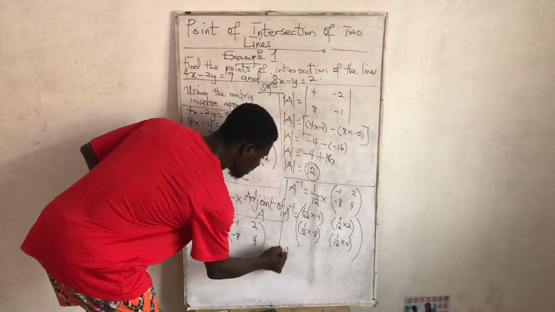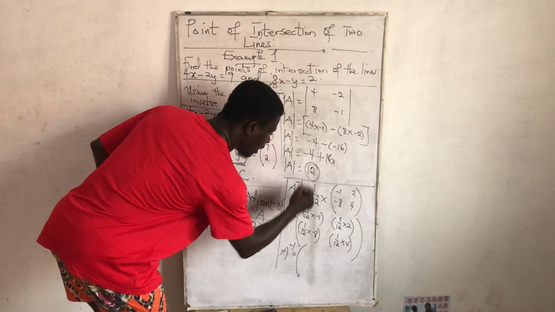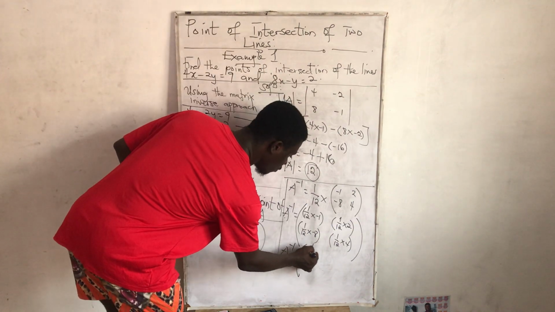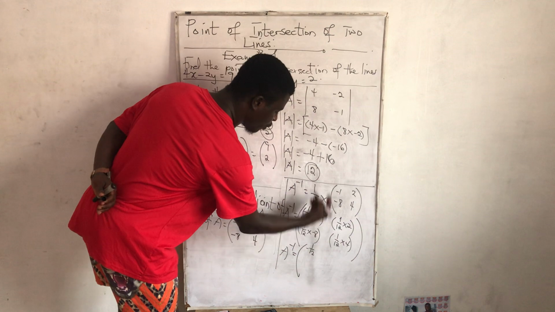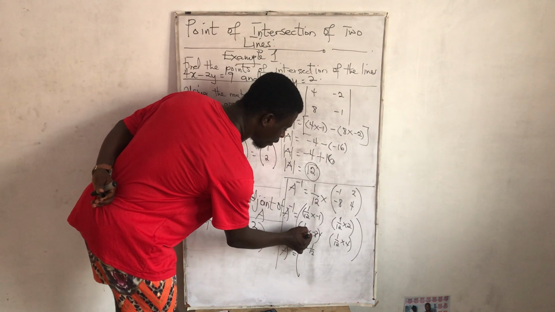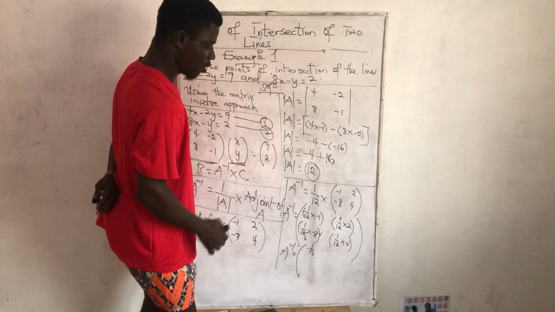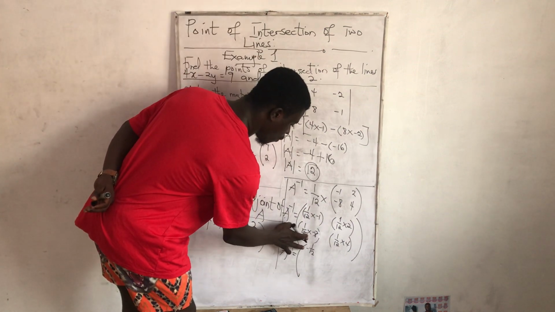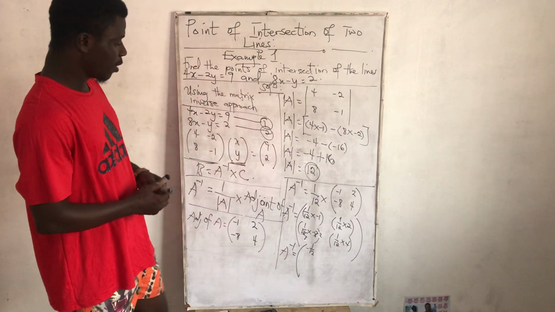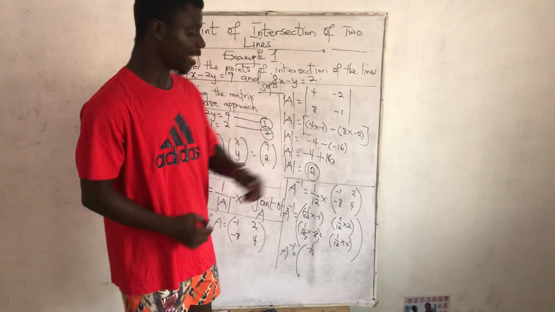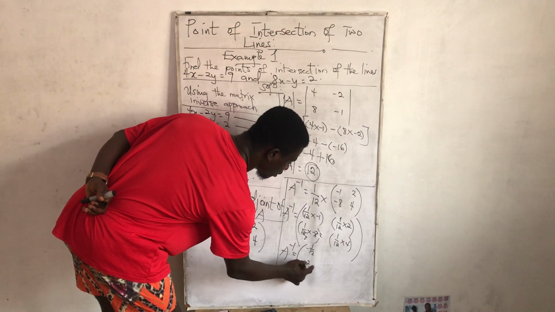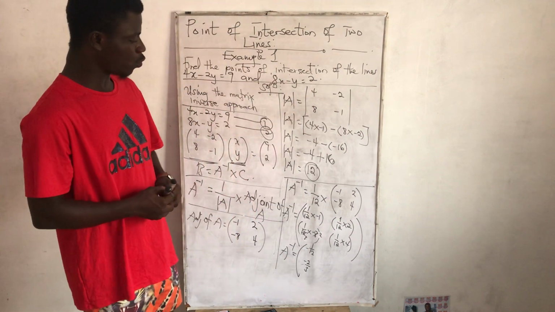Now A inverse must be equal to 1 on 12 times negative 1, which produces negative 1 on 12. Then now we can reduce this. We can better still use 4. 4 going into 4, 1 time, then into 12, 3 times, right? So we have 1 on 3 times negative 2, which will produce negative 2 on 3.